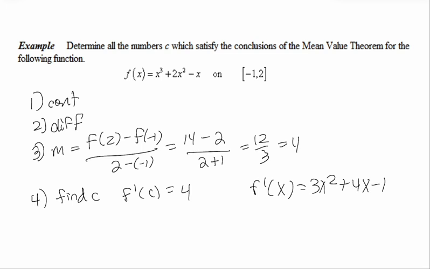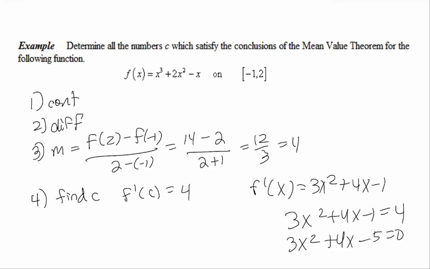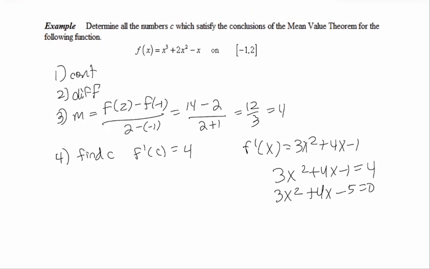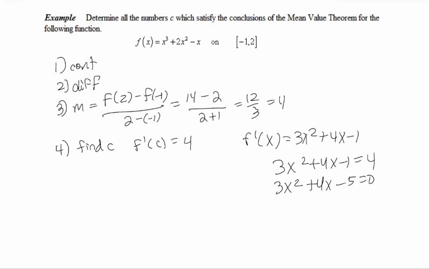And where is that going to be equal to 4? Well, we're going to subtract 4 from both sides. We get 3x squared plus 4x minus 5. Does that look right? Yeah. And then if it's factorable, we factor it. If it's not, let's use the quadratic formula, unfortunately.